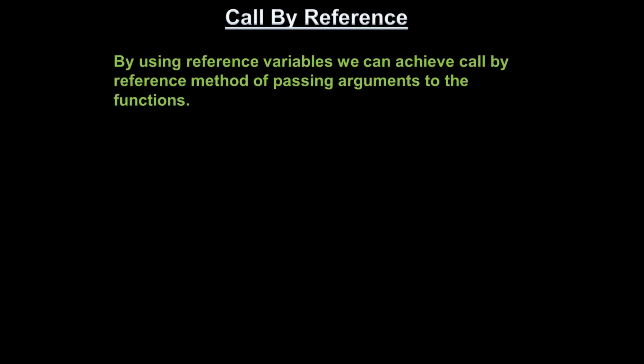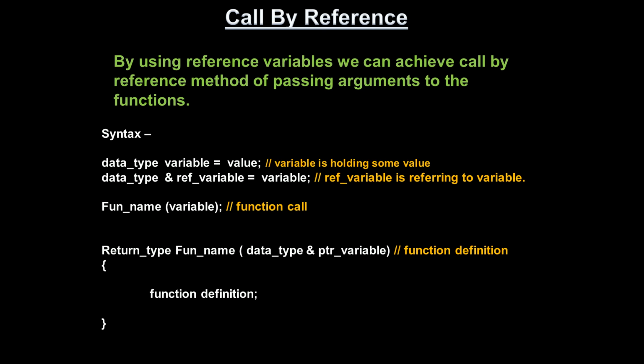By using reference variables, we can achieve the call by reference method of passing arguments to the function. Just as we have used pointers for pass by address, in the same way for call by reference we use reference variables. Just recollect the syntax of how we have used reference variables.